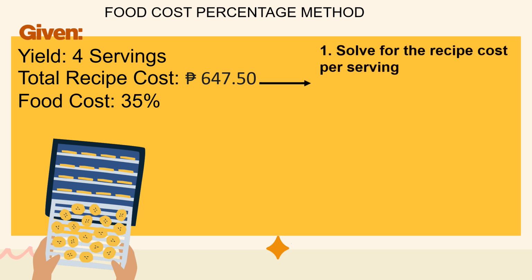To solve for the recipe cost per serving, it is equal to total recipe cost divided by yield. Our total recipe cost is 647.50 divided by the yield, which is 4.